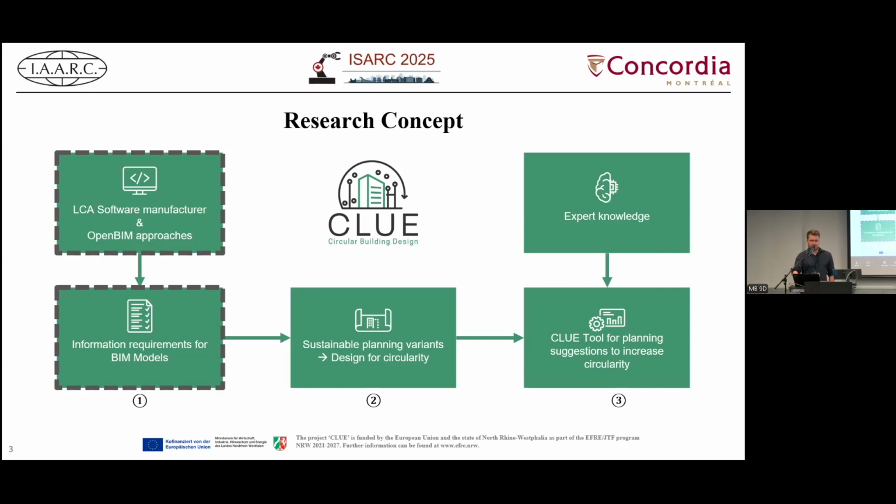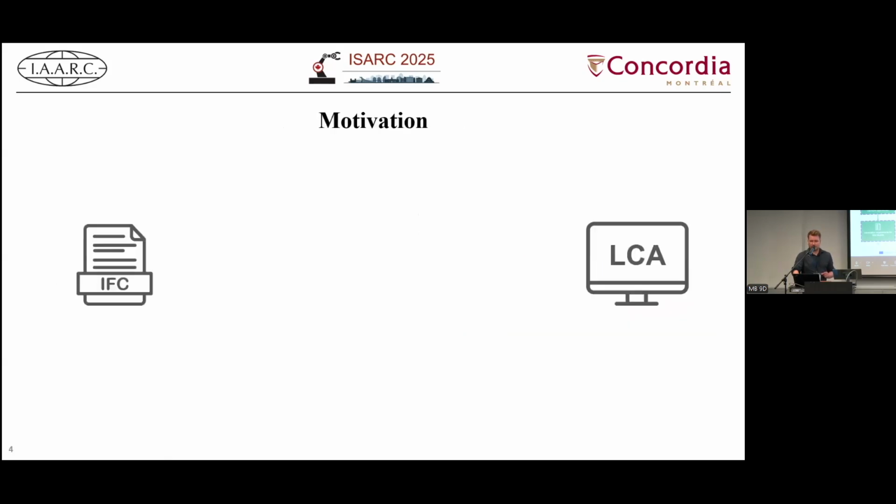As the second step, we focus on sustainable planning variants and design for circularity. And as the third step, we would like to develop the CLUE tool for sustainable planning suggestions to increase circularity, and in it, we want to include expert knowledge. But today, we are focusing on the first step in this paper, the information requirements.